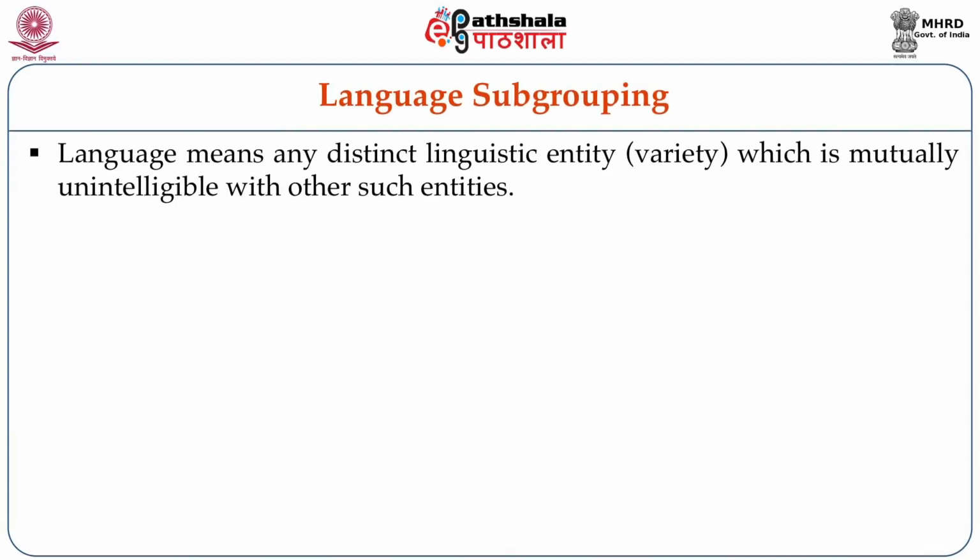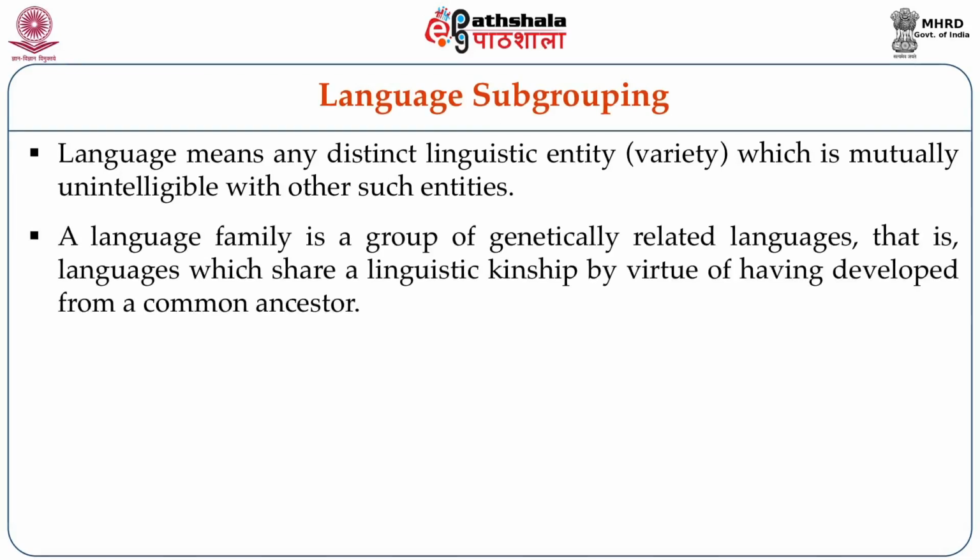Language means any distinct linguistic entity or variety which is mutually unintelligible with other such entities. A language family is a group of genetically related languages, that is, languages which share a linguistic kinship by virtue of having developed from a common ancestor.